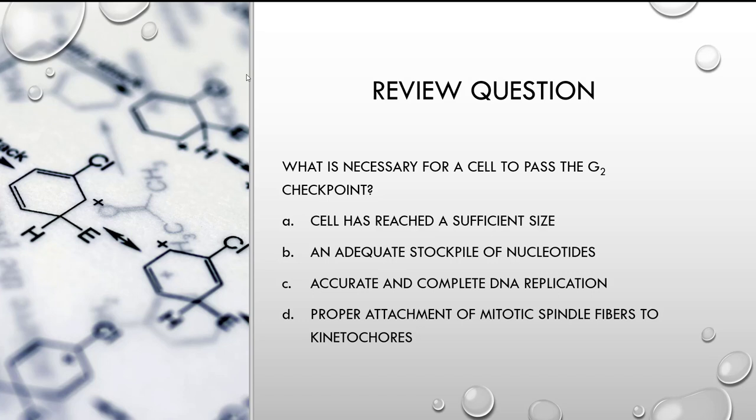So what has to happen for a cell to pass the G2 checkpoint? If you said C, accurate and complete DNA replication, I would agree with you. Okay, so this is where the cell has to have completed DNA replication and everything looks complete and accurate. Okay, D, that's the M checkpoint.